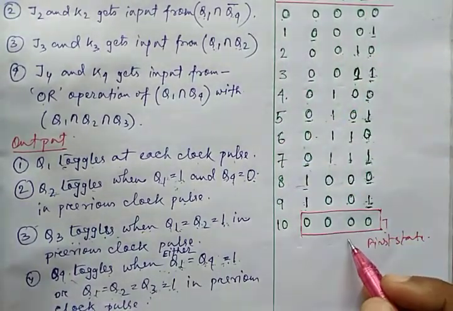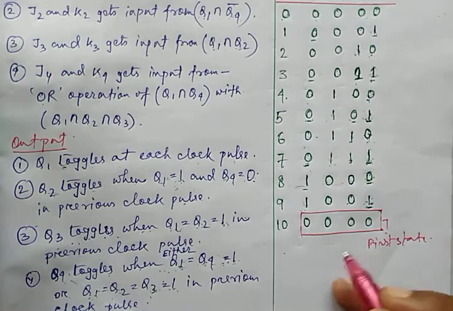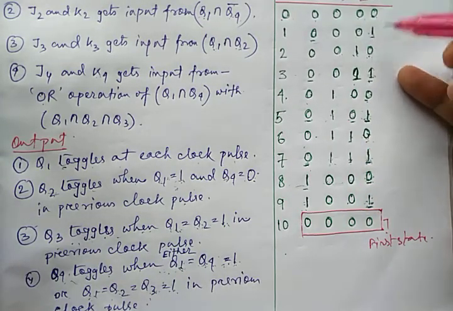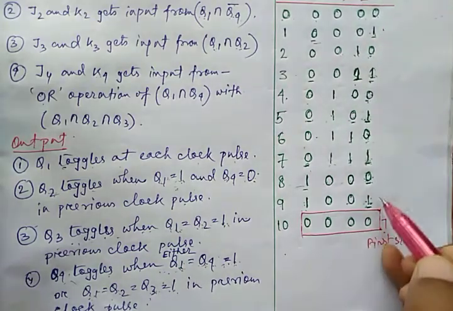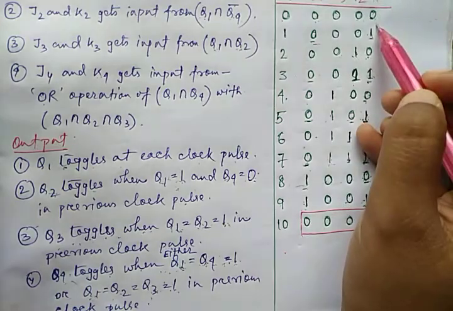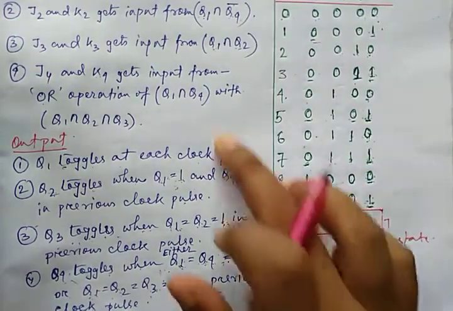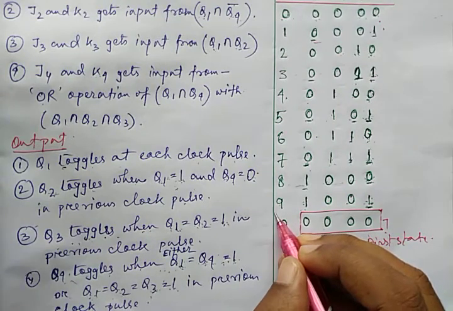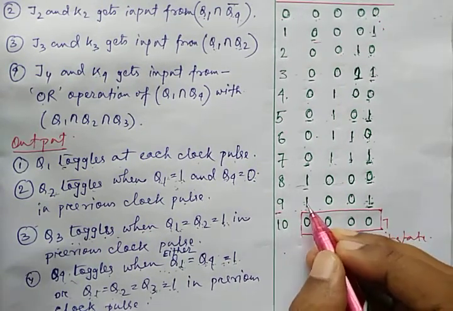So again if we apply another clock pulse, it will start again to count from 1, 2, 3 like this sequence. It will follow this sequence as we have already arrived at its previous state. That is, the counter will recycle to its previous state after arriving at clock pulse 9. 9 means 1001.